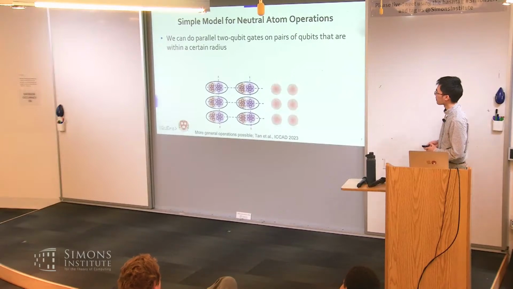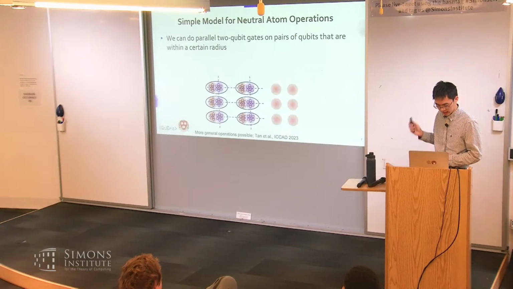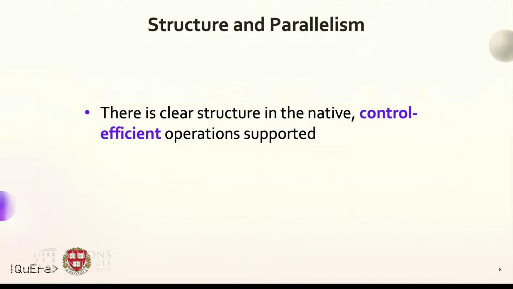Great. OK, so we now know how to do the gates. We now know how to configure things. And so really, one of the key things to remember from these two slides of what the native operations are is that there are, at the moment at least, very clear structures in the native control-efficient operations that we can support. I talked about this rectangular subarray.